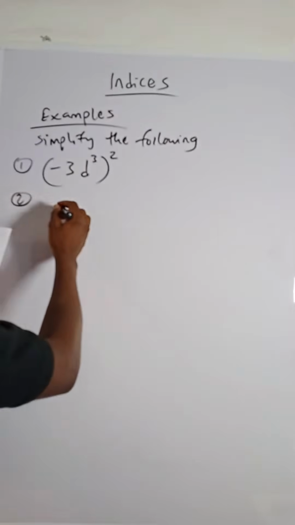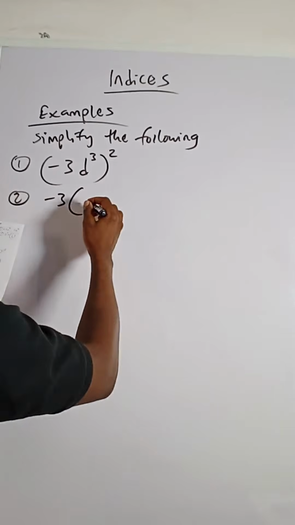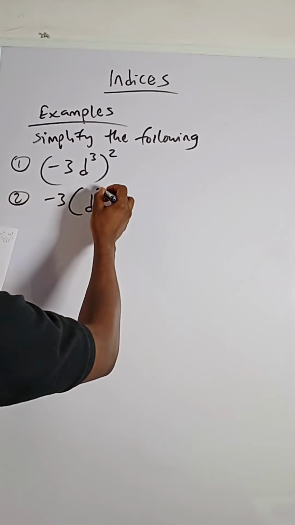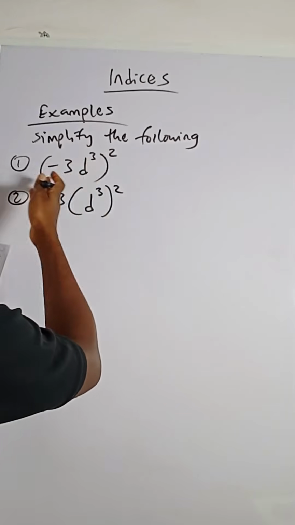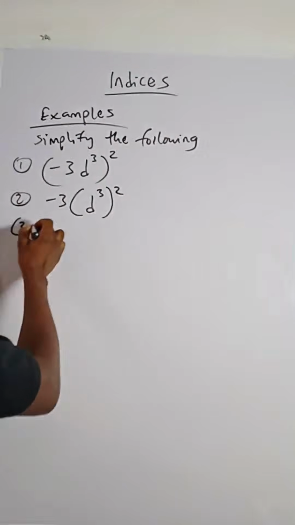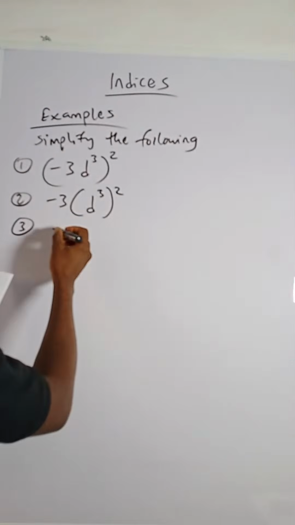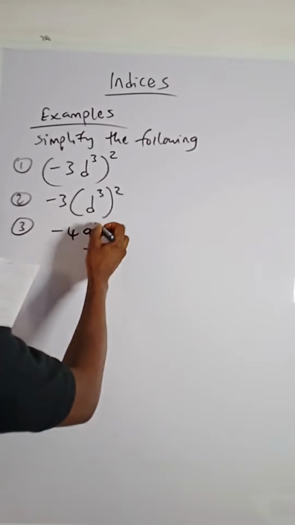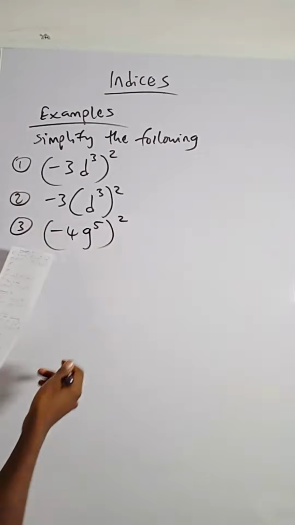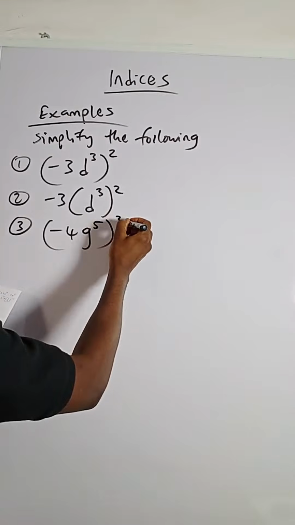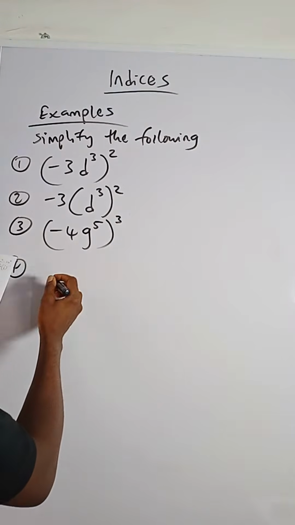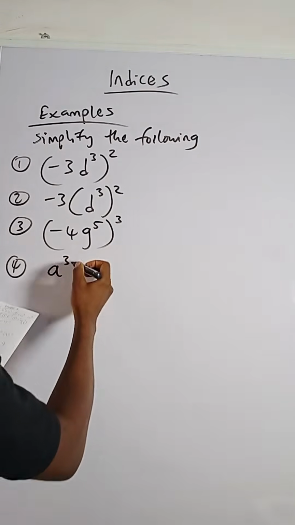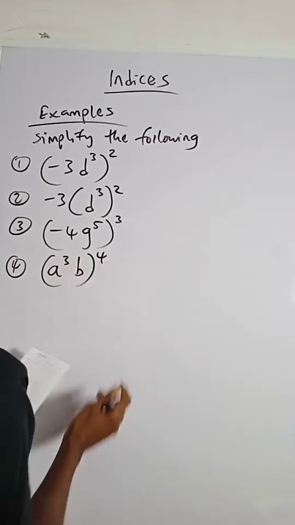Number 2, we have minus 3 d raised to power 3. Now you have to be very careful with all of this. It can be tricky. Number 3, we have minus 4 c raised to power 5 raised to power 3. And finally, we have a raised to power 3, b then raised to power 4.